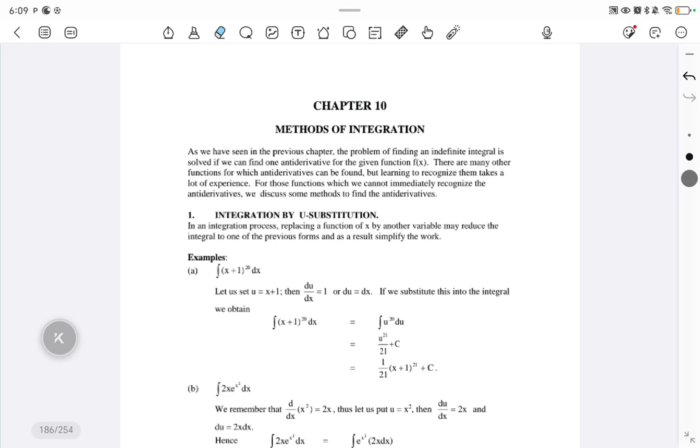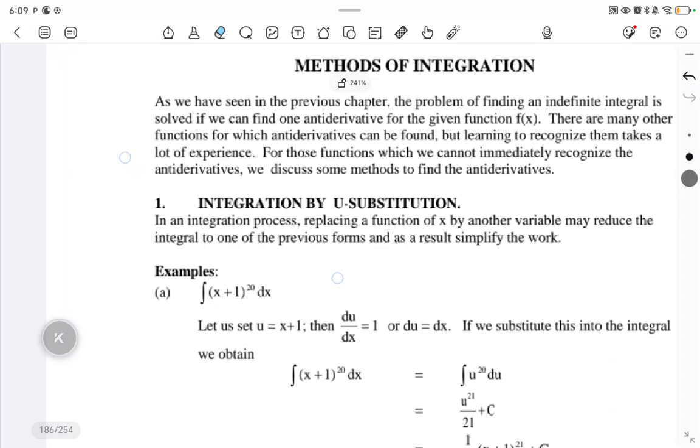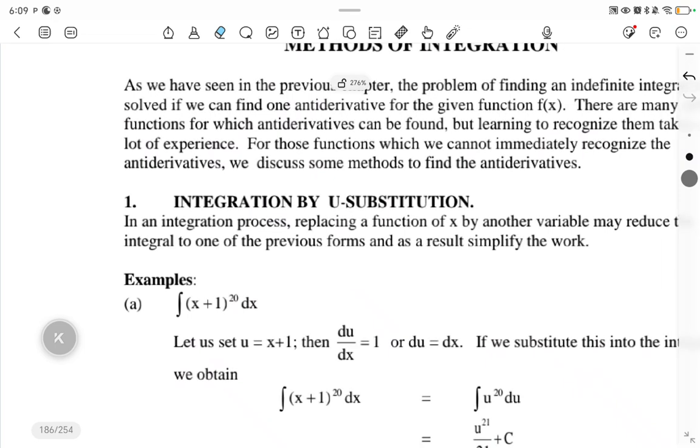So for example, if we have this question A, we're given the integral of x plus 1 to the 20 dx. They say let us set u to be x plus 1.